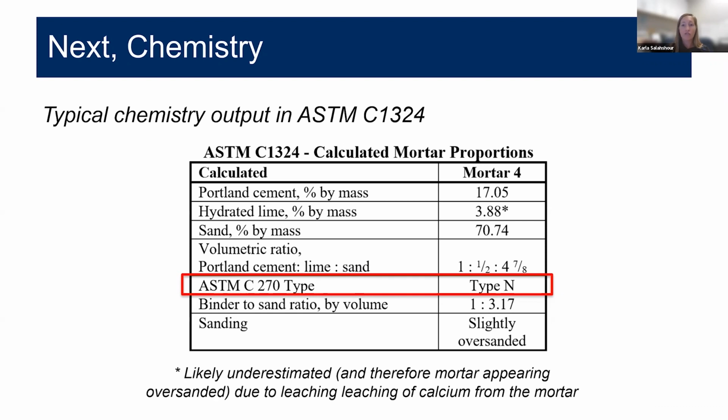This is just a reminder that if you use C1324, these are still estimates and many assumptions go into these analyses. Because C1324 requires all of these assumptions, there really needs to be good communication between the petrographer and the chemist to obtain the most accurate results.